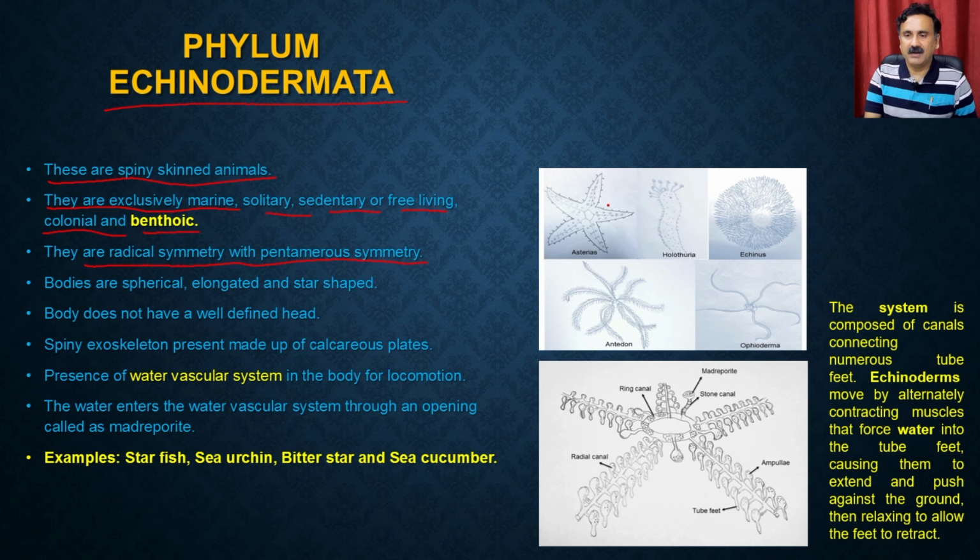So they have radial symmetry, right? This is what we have discussed. If you draw a line from the center, you can divide the animal into equal parts. The bodies are spherical, elongated and star shaped. So these are the several examples.